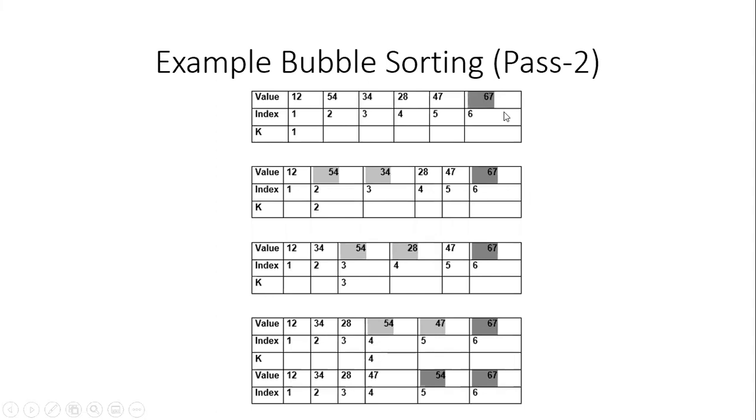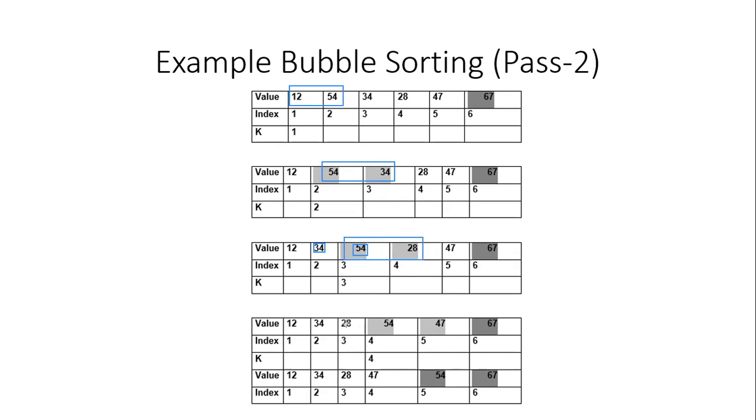So this is the list that we got from step number 1. We are going to again start by comparing the first two numbers and see if there is any need to interchange. Now 12 is smaller than 54, hence no need to interchange. 54 is greater than 34 and hence the two elements have been swapped. Now check 54 with 28.